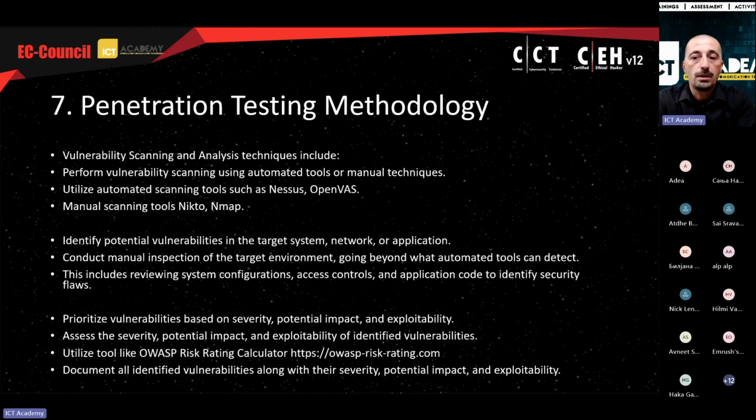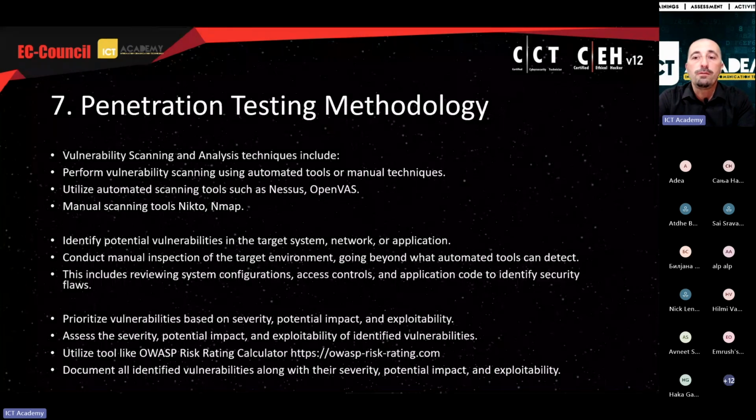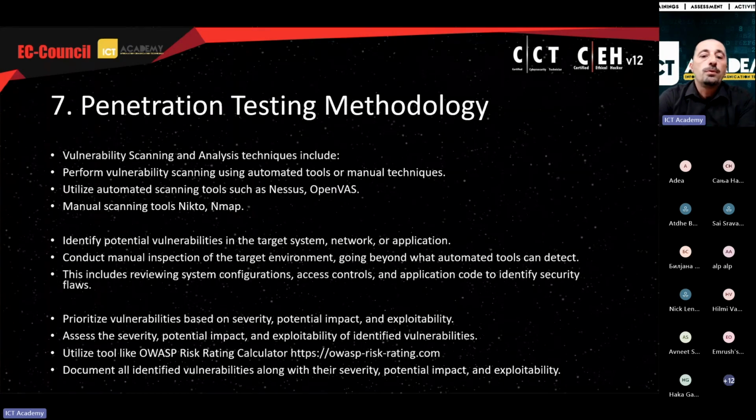As we mentioned, in the vulnerability scanning and analysis phase of penetration testing, the objective is to identify potential vulnerabilities in the target system, network, or application, or whatever the target is that we are trying to assess and evaluate the security controls of.